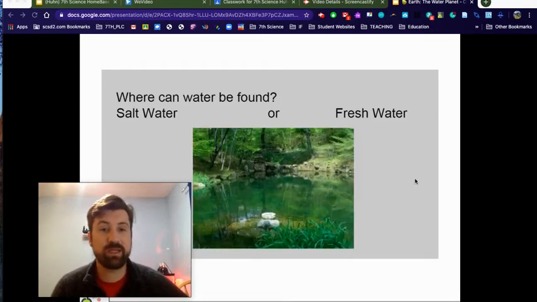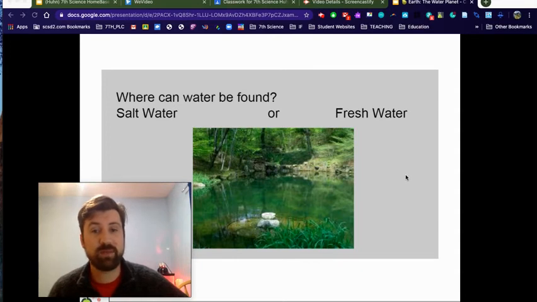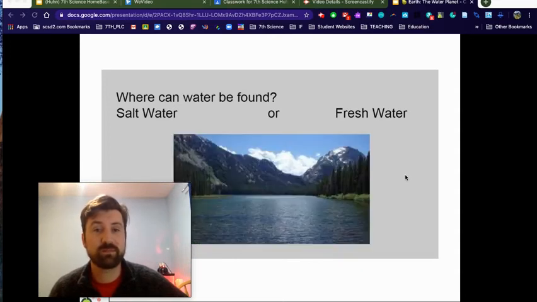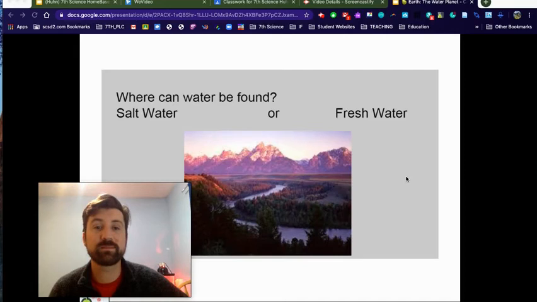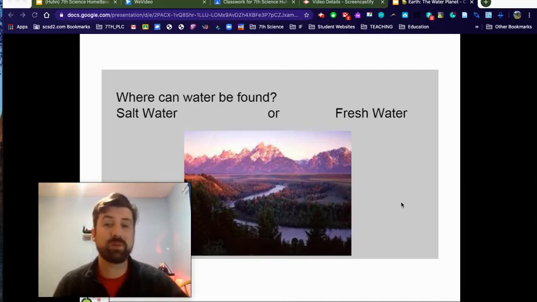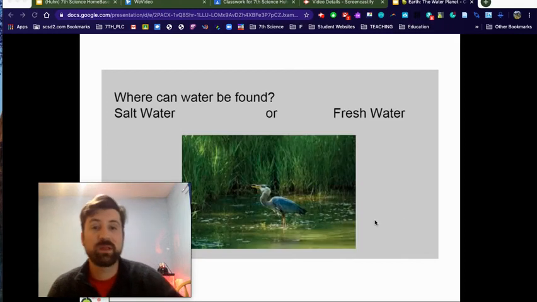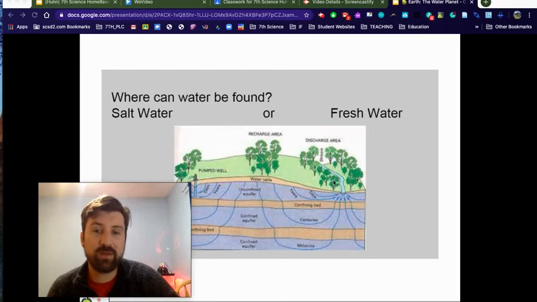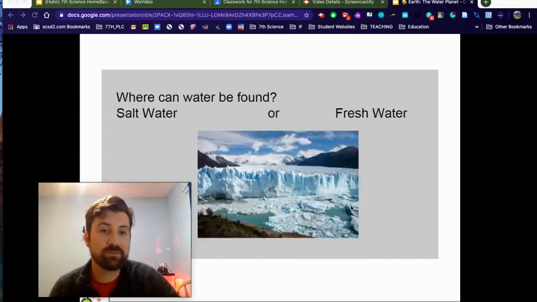In a pond, it'd probably be fresh water. In a lake, fresh water. In a river, like these Tetons in Wyoming, also fresh water. In a marsh, fresh water. Underground, from rainwater seeping into the ground and the layers of the earth and from our streams, those are also fresh water.